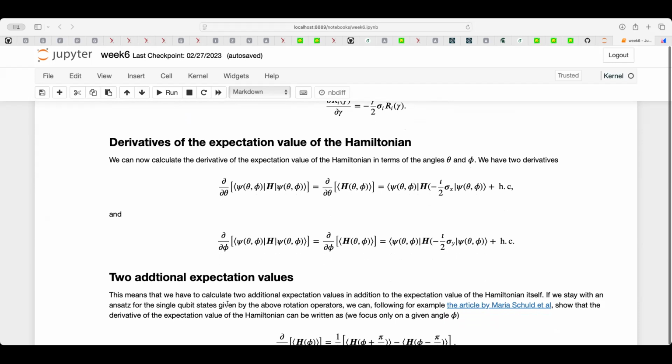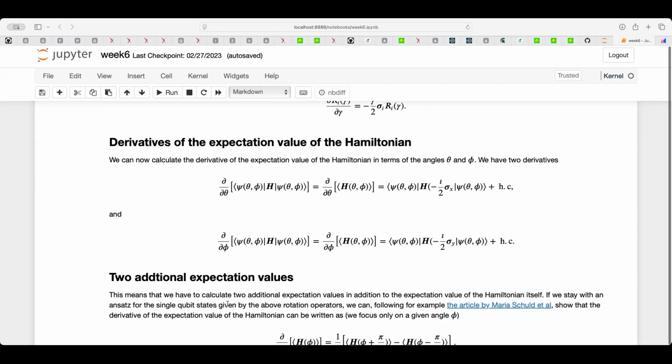So you will have many angles to deal with, normally twice as many as you have qubits. And then what you see here is that when you take the derivative with respect to phi, obviously that targets the sigma y. And if you do the derivative with respect to theta, that targets the sigma x. So you will have the first expression plus its Hermitian conjugate. Okay?